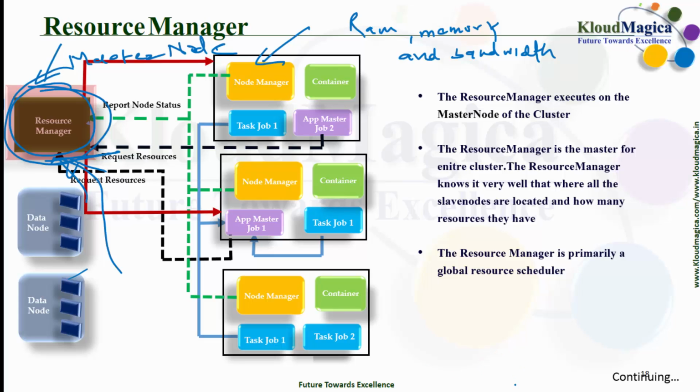The resource manager is primarily a global resource scheduler. The resource manager having a pluggable scheduler that is responsible for allocating resources to the various kind of running applications. Examples of scheduler can include a fair scheduler and capacity scheduler in Hadoop.